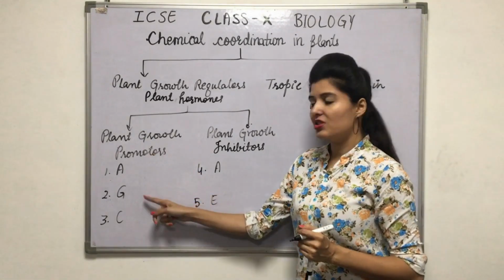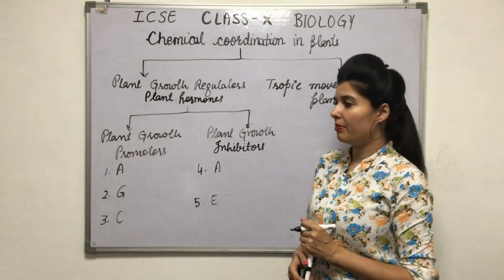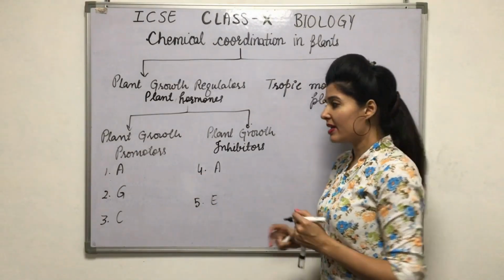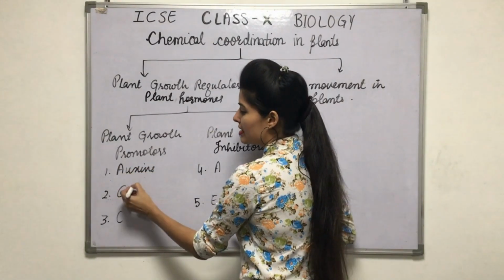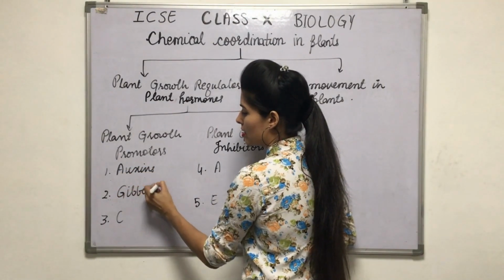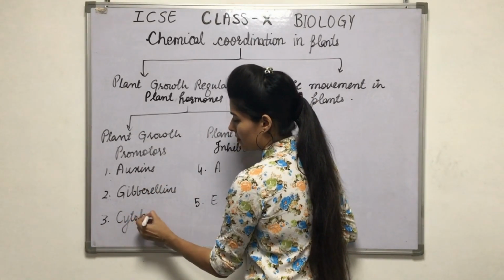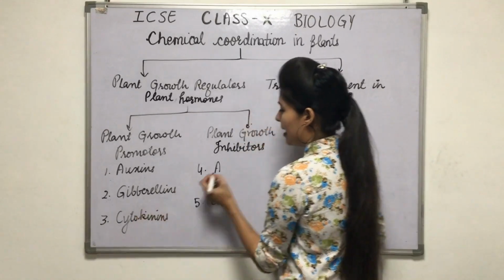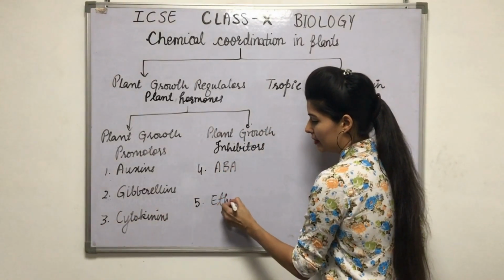So A, G, C, A, E, that is how you have to remember it. A, G, C, A, E, that is auxin, gibberellins, cytokinins, abscisic acid and ethylene.